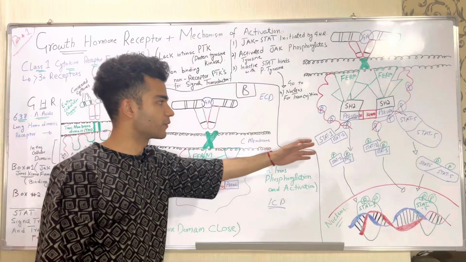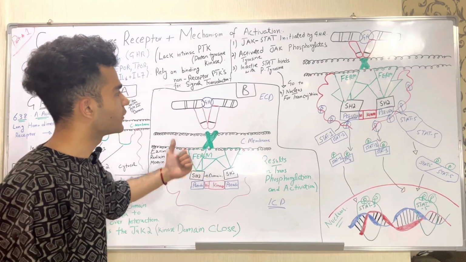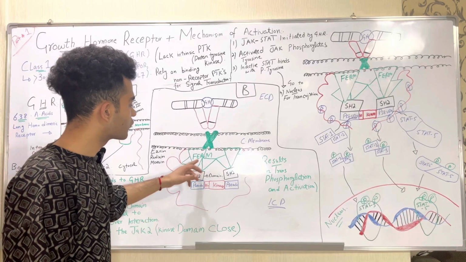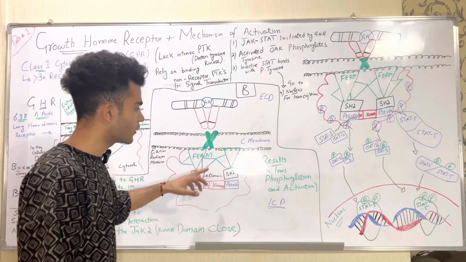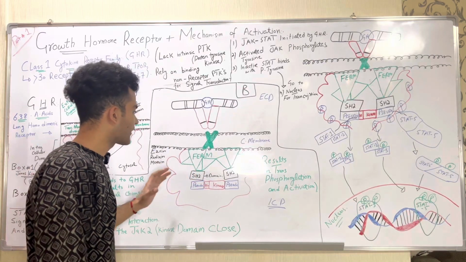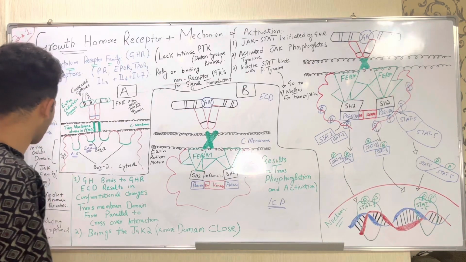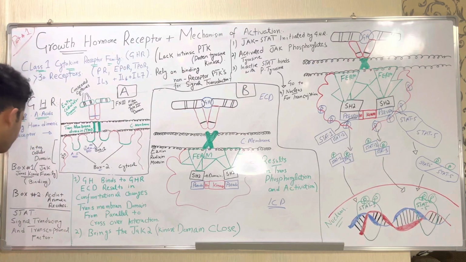For example, STAT comes and binds here, or other molecules just do the binding role here. If any of them is not present, it means that the JAK cannot do binding, and also some other PTKs as well.